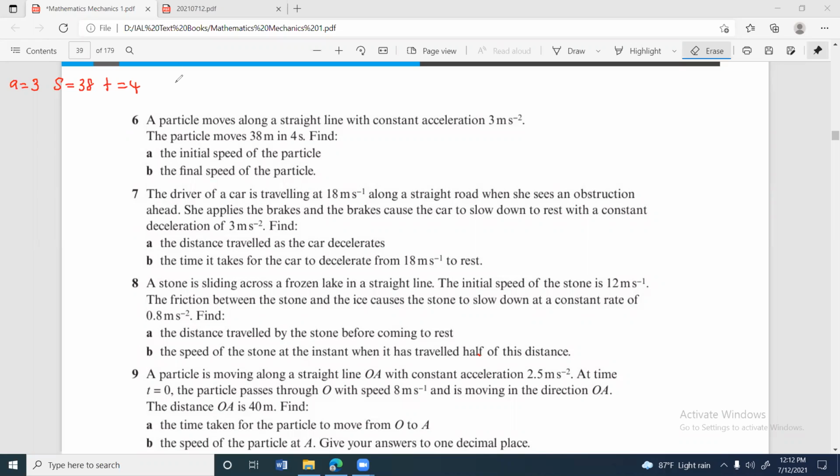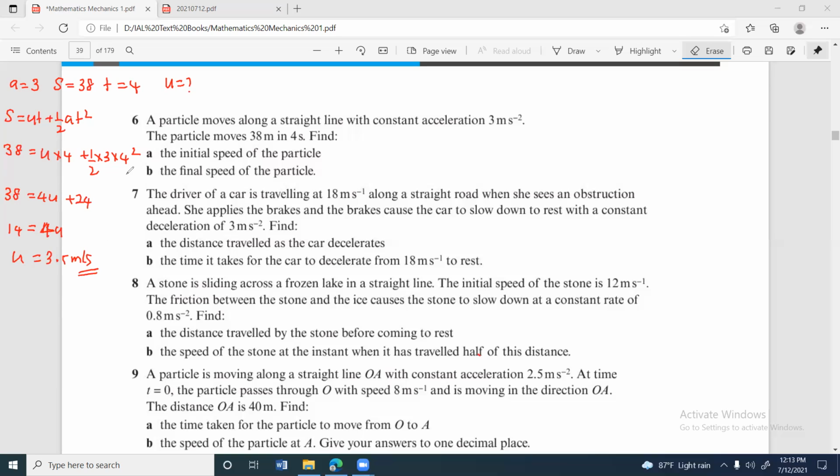We are referring to u. Simply apply s equals ut plus half at squared. s is 38, u into time 4, plus half into 3 into 4 squared. So 38 equals 4u plus 24. Bringing it to the other side, 14 equals 4u. Therefore, u becomes 3.5 meters per second.